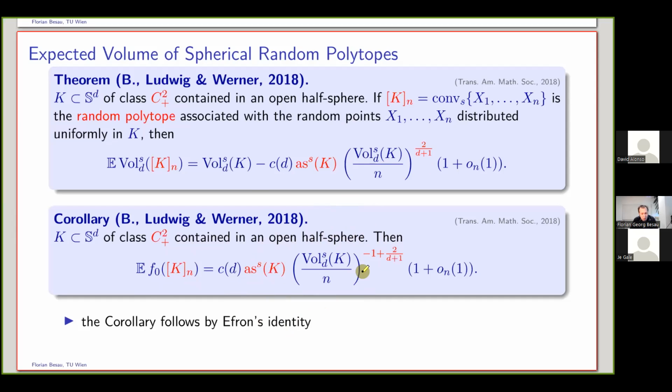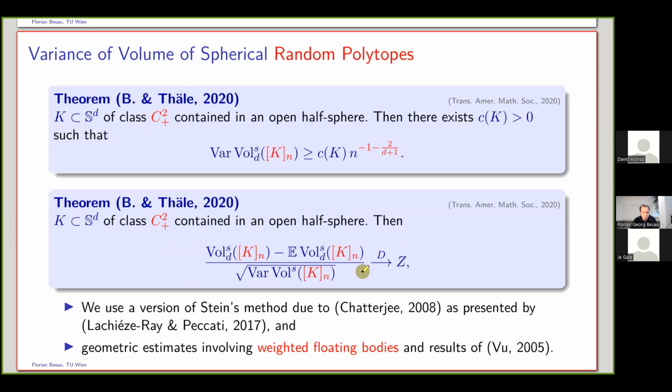Okay, then having the first moment, in joint work with Christoph Thiele, we studied the second moment, the variance, and we also eventually were able to prove a central limit theorem. We were only interested in the lower bound for the variance because this is enough to prove the central limit theorem, and this was the goal of our paper.